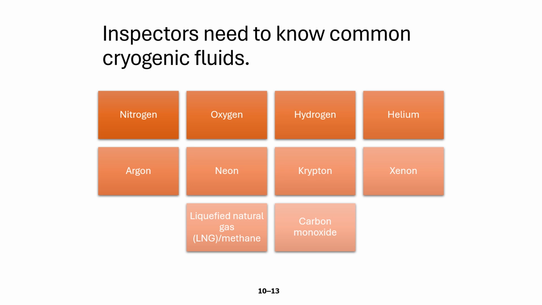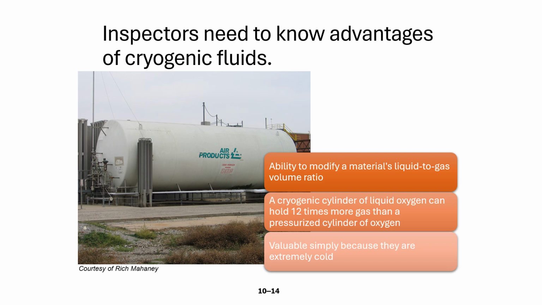cryogenic. And that's one of the advantages of the cryogenic liquid: its ability to modify material from the liquid to gas volume ratio. So I could put more product in a smaller container, or with a larger container, be able to have a larger volume of the material.